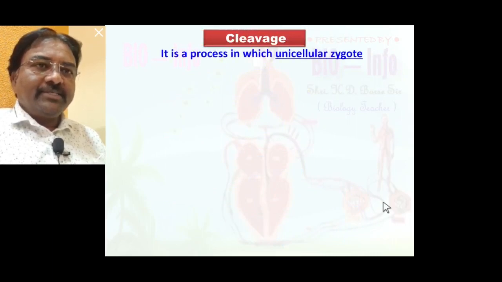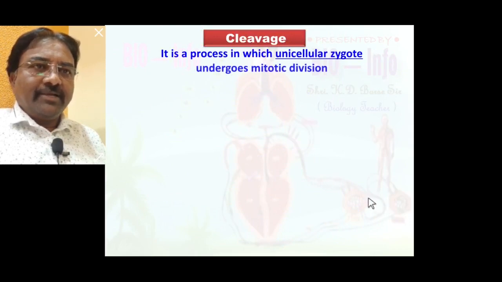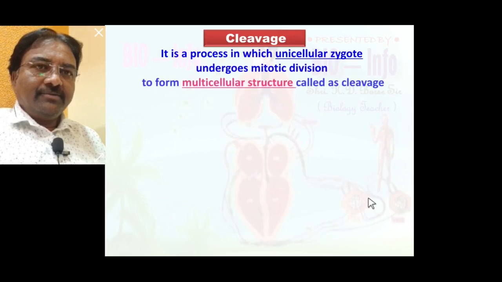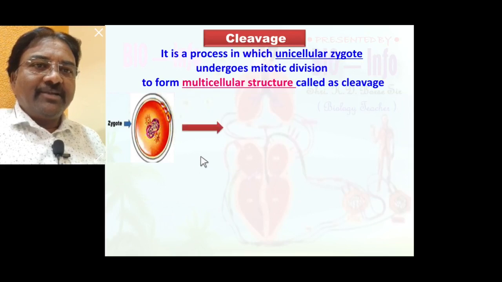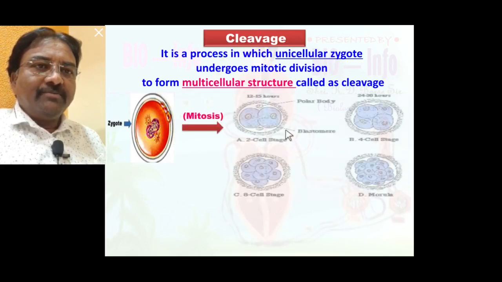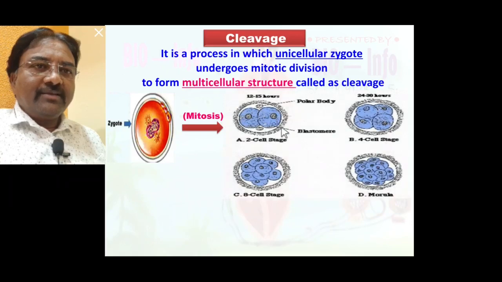It is the process in which the unicellular zygote undergoes mitotic division to form a multicellular structure, called cleavage. Here you can see the zygote, a unicellular structure formed by fusion of male and female gametes, undergoes mitosis, a type of cell division, to form the 2-cell cleavage stage.